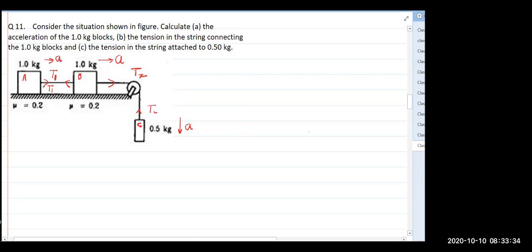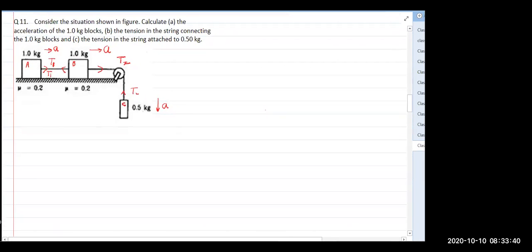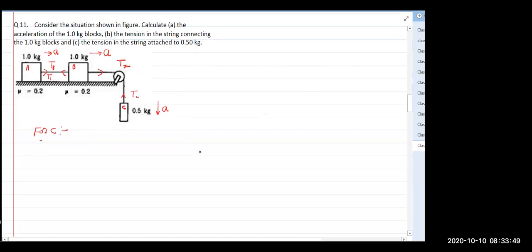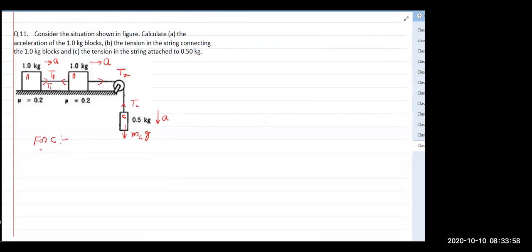First, if we write for C, it is coming down, so gravity is acting there, mcg downward minus tension upward equal to mca.